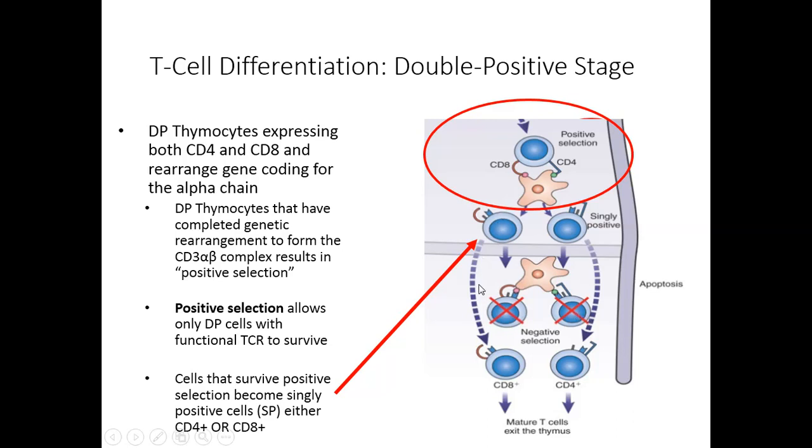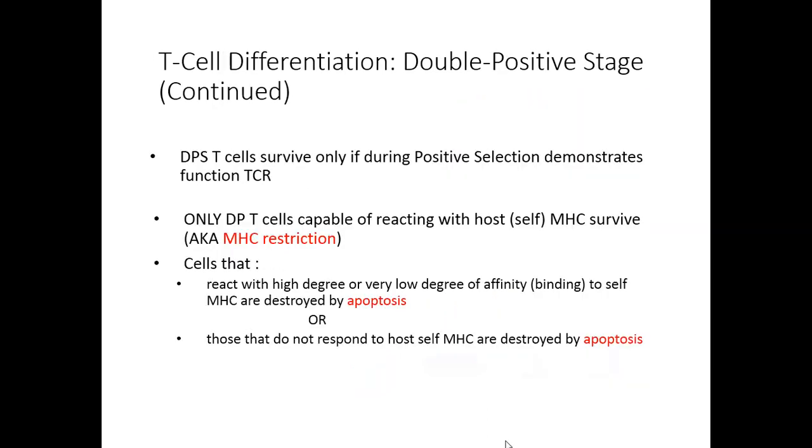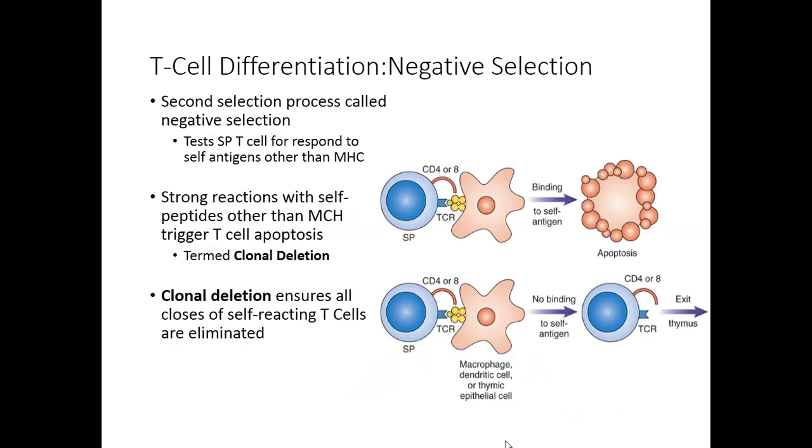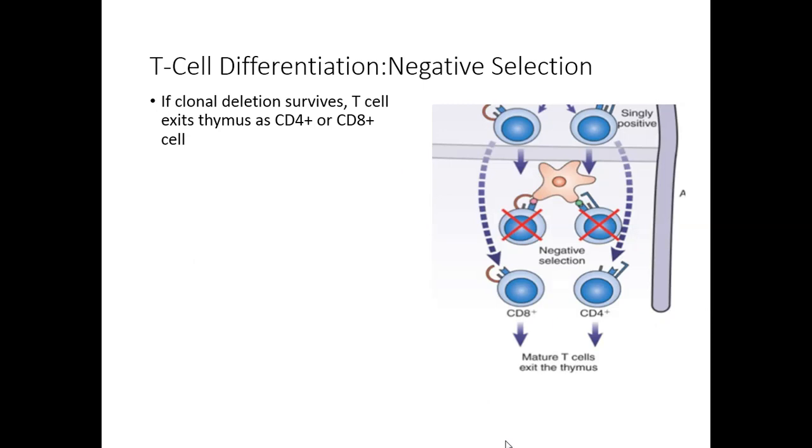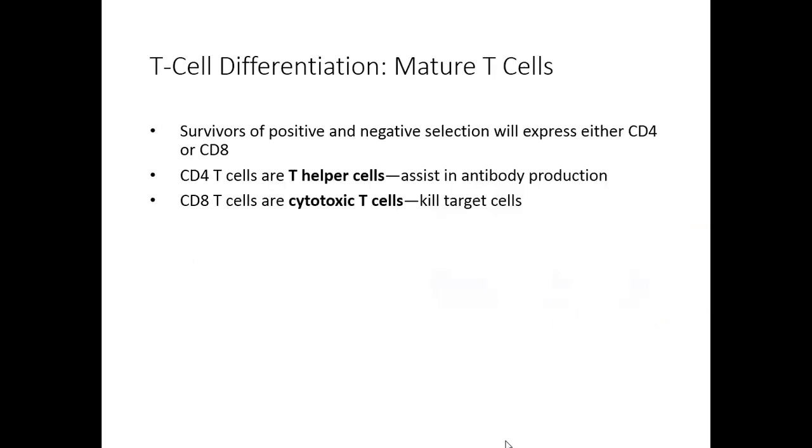Those that don't react with self-antigen get to leave the thymus as CD4 or CD8 positive cells, and they go off to mature. They're mature cells at that point. They can continue to develop outside of the thymus, and off they go.